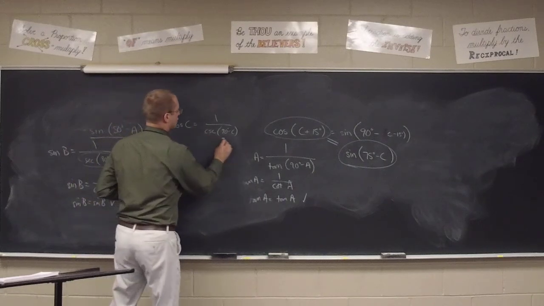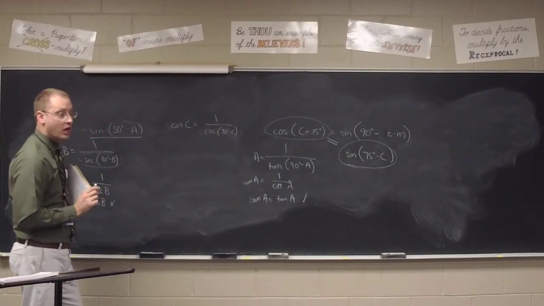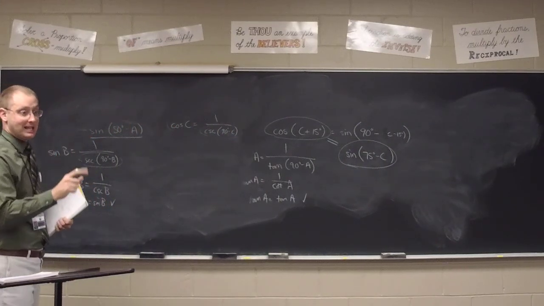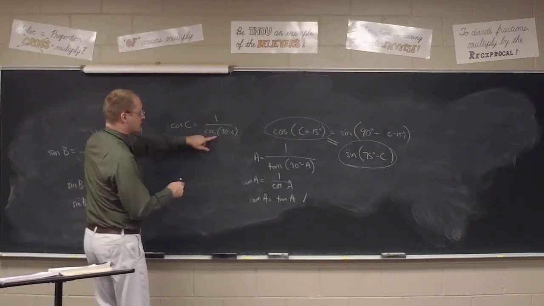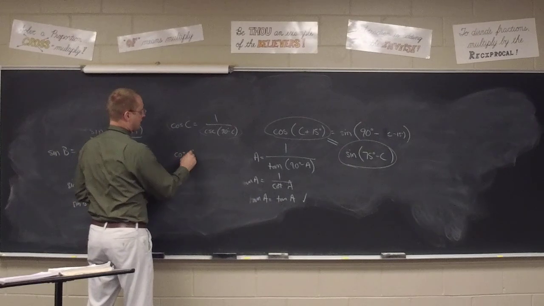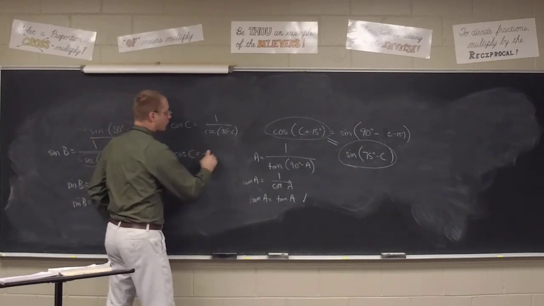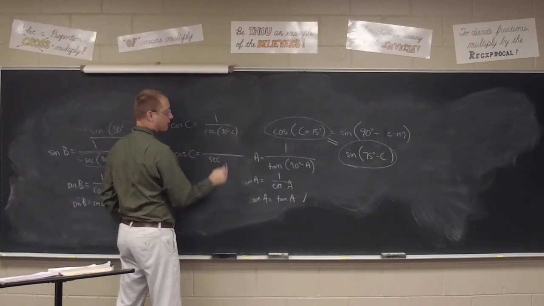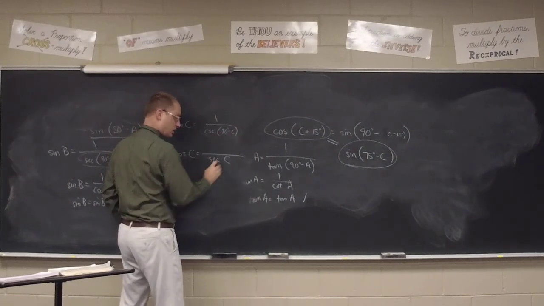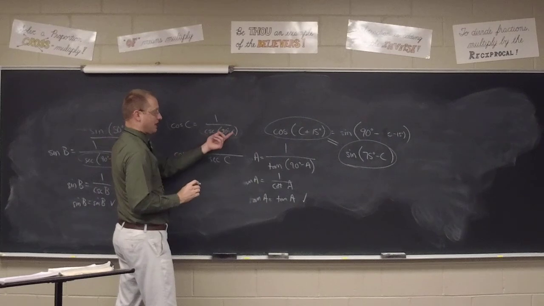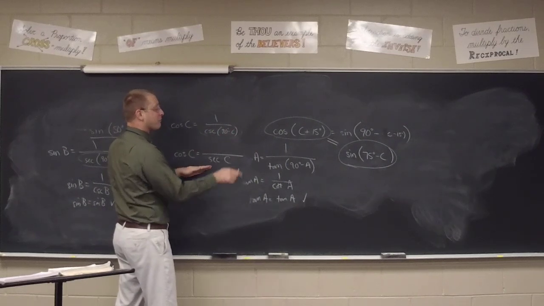What indicates there should be a cofunction right here? The 90 minus, because that indicates a coangle, a complementary angle, which indicates a cofunction. So this is where we're going to go with the cofunction. Let's leave the cosine of C alone for now. We're going to rewrite this as the secant of 90 minus C. The cosecant of 90 minus C is the same thing as the secant of plain old C.